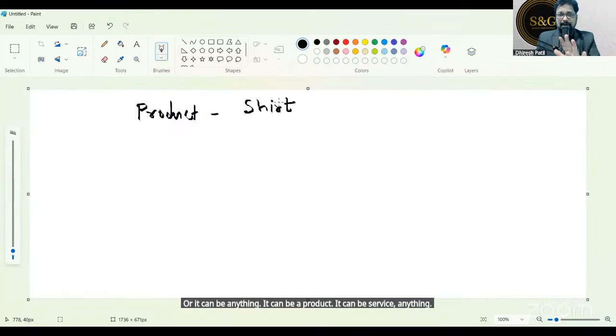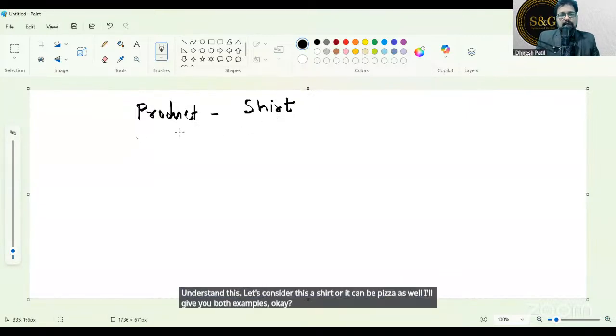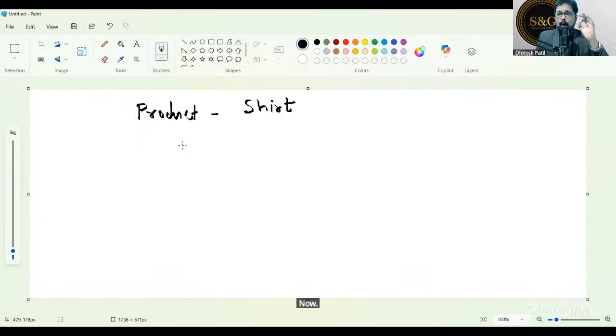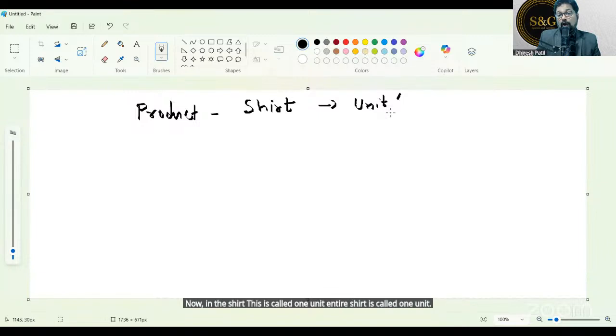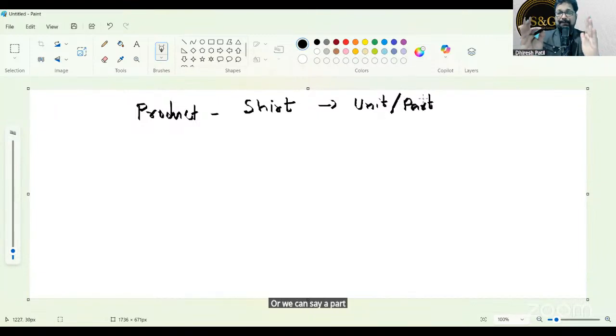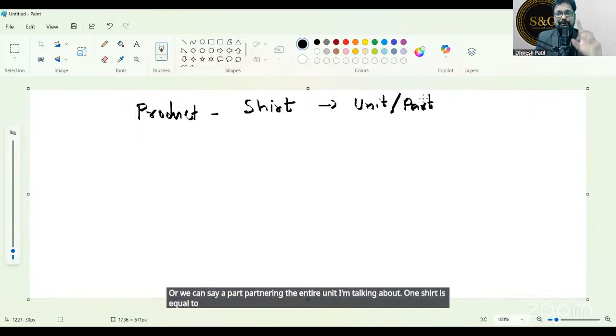Let's consider a shirt, or it can be pizza as well. I'll give you both examples. Now, in the shirt, this is called one unit. The entire shirt is called one unit, or we can say a part. Part meaning the entire unit I'm talking about. One shirt is equal to one part is equal to one unit.